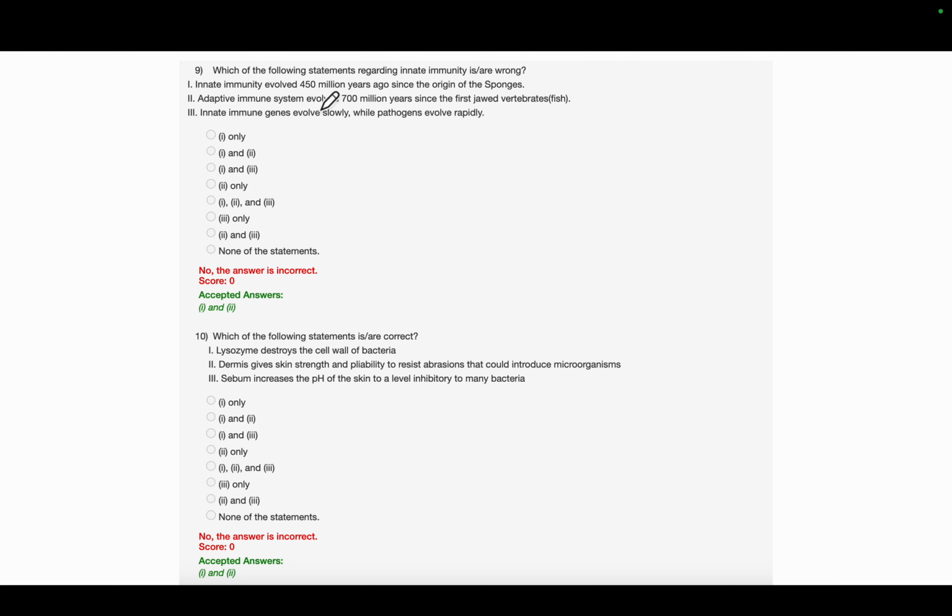Innate immunity evolved 450 million years ago since the origin of sponges, which is wrong. Adaptive immune system evolved 700 million years ago since the first jawed vertebrates, this is also wrong. Innate immune genes evolve slowly while pathogens evolve rapidly, this is true. So the option will be 1 and 2.